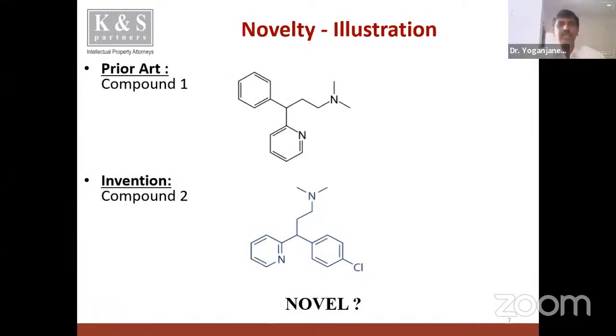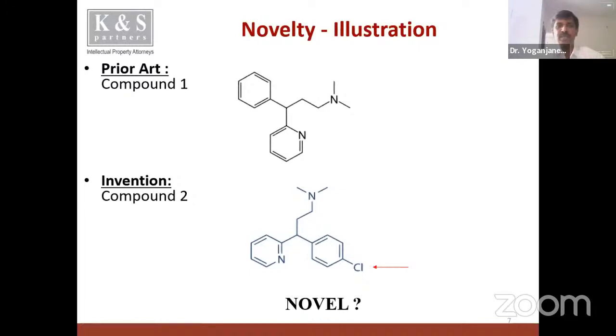So let's see more about novelty. Compound 1 is already known in the prior art, whereas for compound 2 we need to identify whether it is novel or not. Structurally, both compounds are almost similar: both have pyridine rings, both have phenyl rings, and both have a dimethyl amino ethyl ring system. The only difference you can see is the chlorine group.